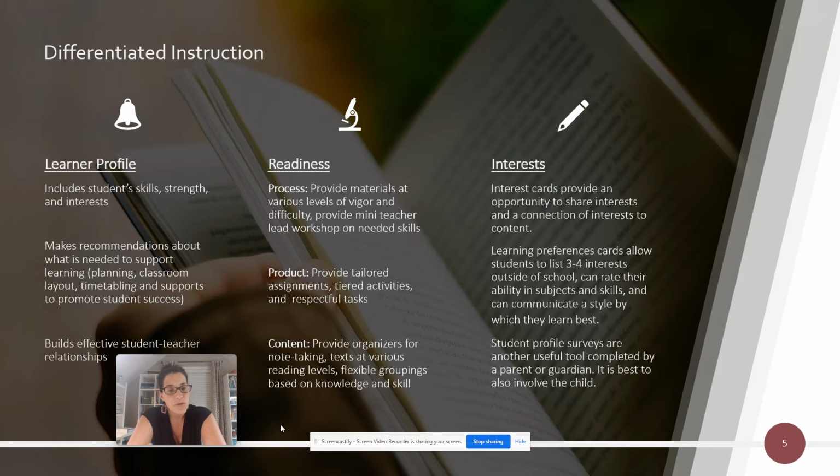Content would be providing organizers, note taking, maybe texts at various reading levels, flexible groupings that are based on knowledge and skills. Something that I like to do with an ELA in a special education classroom, general education inclusion setting, is computer based intervention programs.